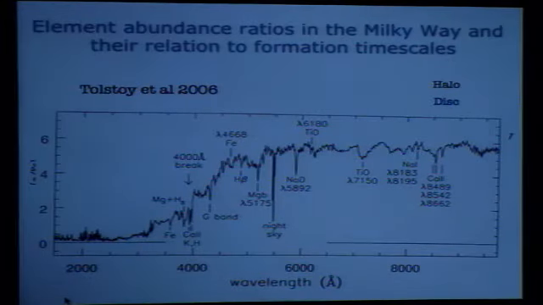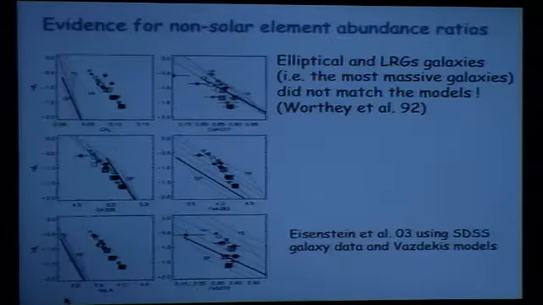So what we want to modify now is the effect of non-solar abundance ratios on this line. The first paper that highlighted the discrepancy between data and model is actually a cosmology paper by Daniel Eisenstein, who is one of the bosses of Sloan 3.